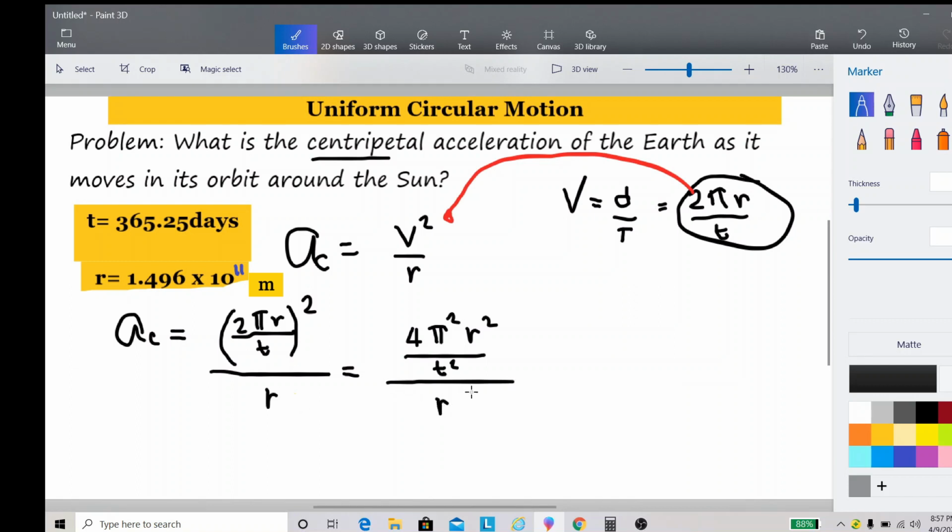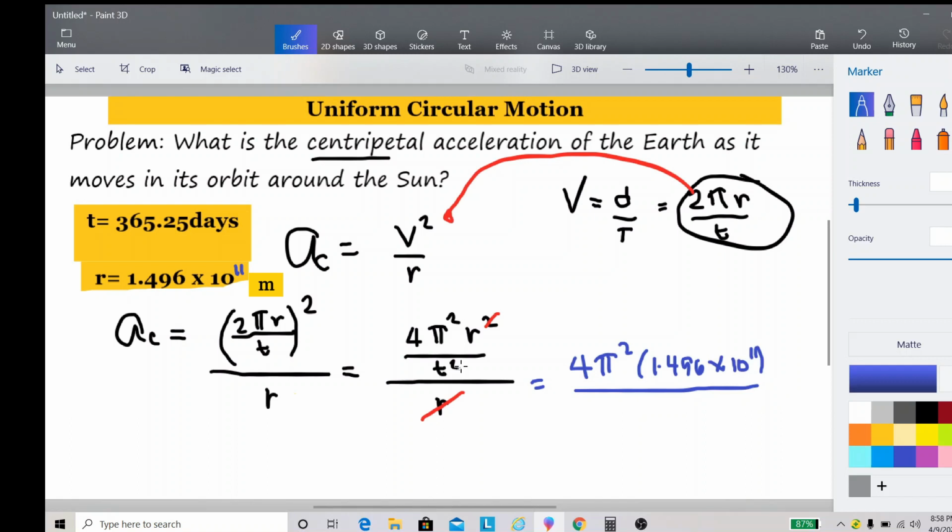Okay. So we are now going to cancel this r with 1 r there. We are left with this equation that is 4 pi squared, and then what is the r? 1.496 times 10 to the positive 11, and then divide that by t squared.